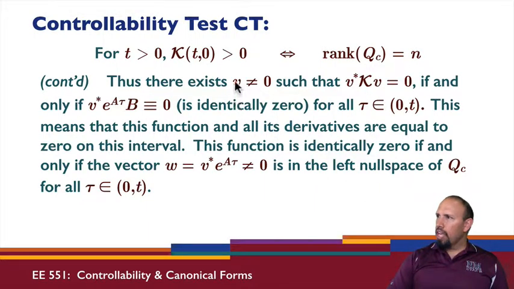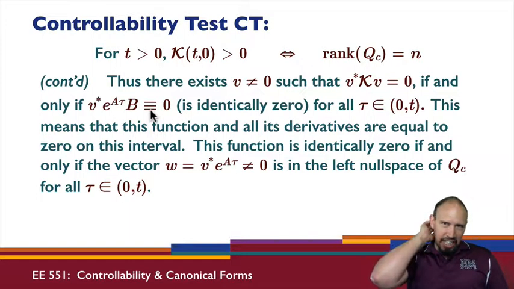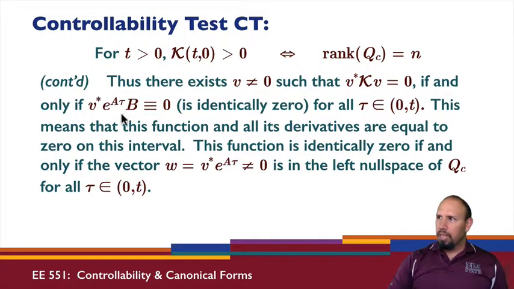All right, so there is a non-zero vector such that v adjoint K v is 0 if and only if this quantity is equal to 0 identically. That's what this triple line equals means, identically 0. So it's a function of time. What it's saying is that as a function of time, this is equal to 0 for all values of tau in this interval between 0 and t. So this is a function of tau, and it's equal to 0 for all values of tau in this interval.